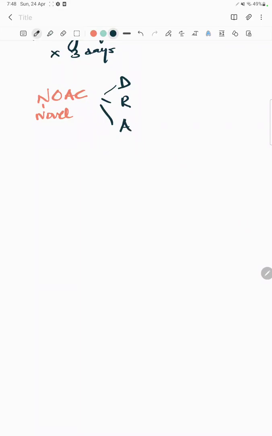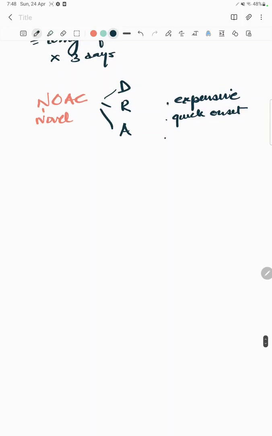Although all these drugs are a little expensive, they have the advantage of less bleeding and quick onset of action. They do not require as much monitoring as is required with Warfarin. So we'll deal with each of these in detail.